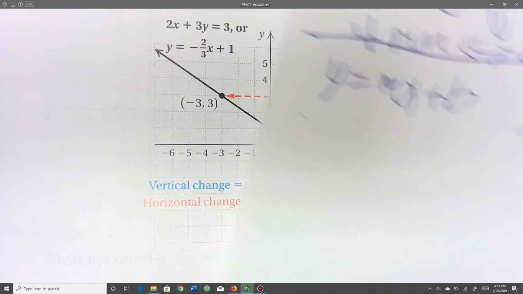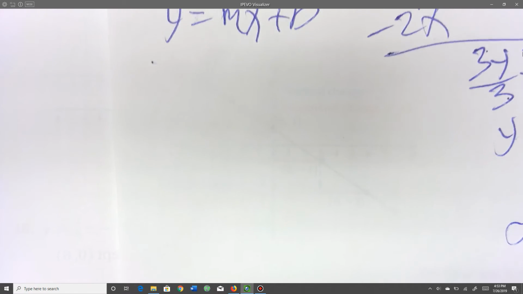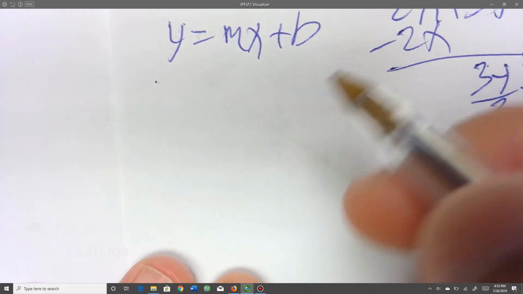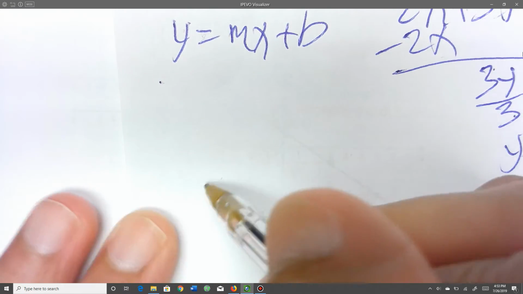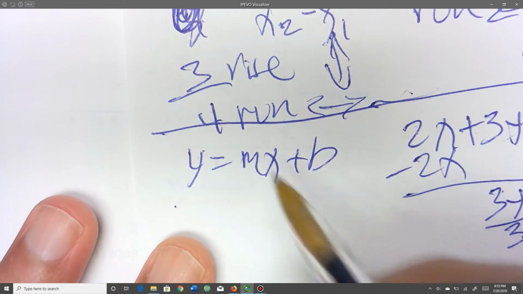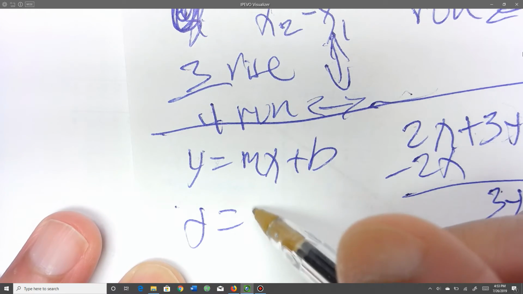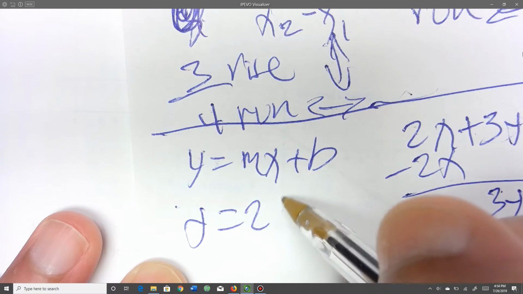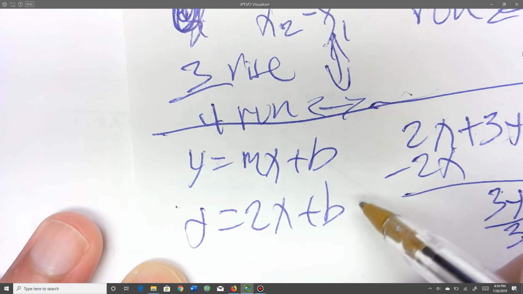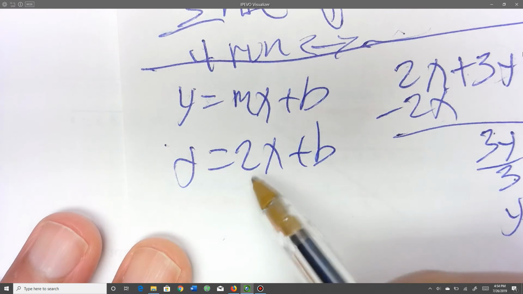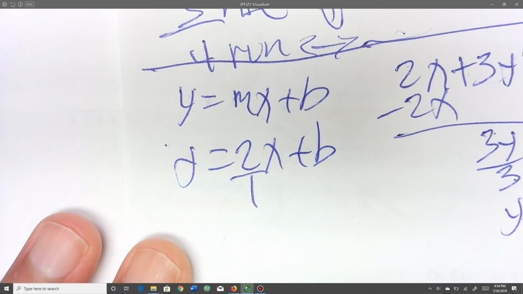The only other thing I need you to be aware of is that whenever you see a slope of, say, 2x plus b, doesn't that mean the same thing as 2 over 1?